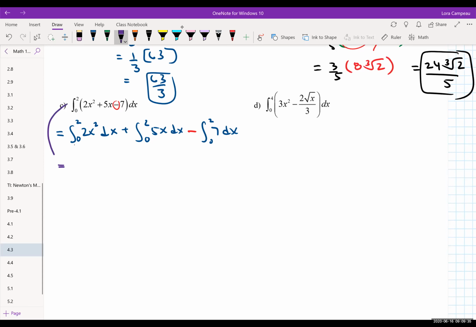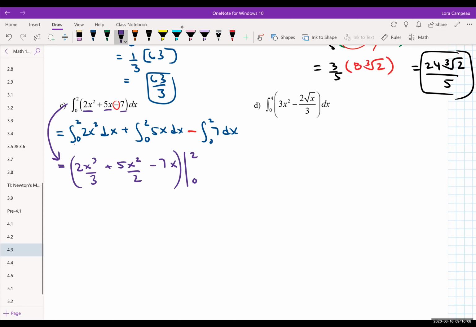I can usually go straight from here to here and say, well, I'll just integrate each term. So that would be 2x to the third over 3 plus 5x squared over 2 minus 7x, and, to be precise, all of that is evaluated from 0 to 2. It's another way to look at it.